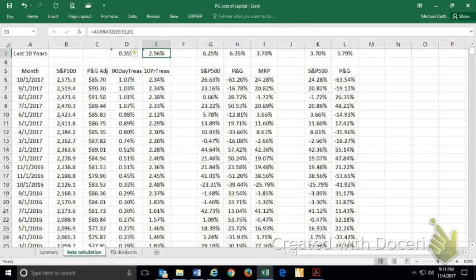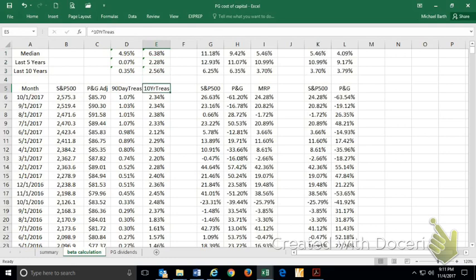All right, so to calculate a beta, you first have to get returns, and that's the percent change in the S&P 500, the change in the stock market, and the percent change in Procter & Gamble. Now, since I'm going to adjust them for these annualized interest rates, I'm going to calculate a one-month percent change and then multiply it by 12. That'll annualize it like these interest rates on the 90-day T-bills and the 10-year Treasuries, which are stated on a yearly basis.